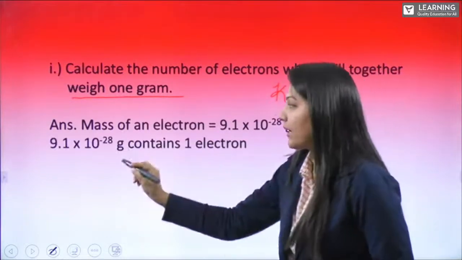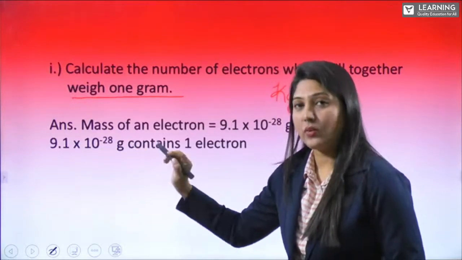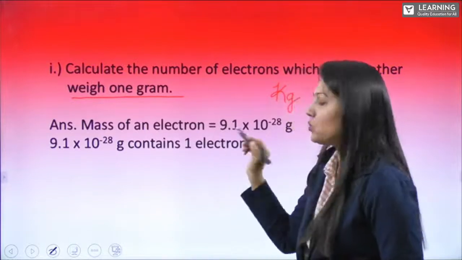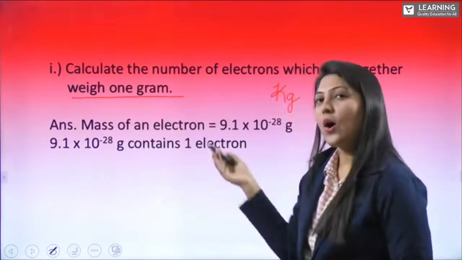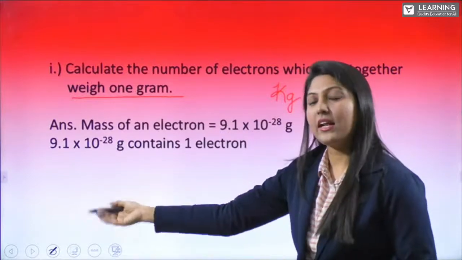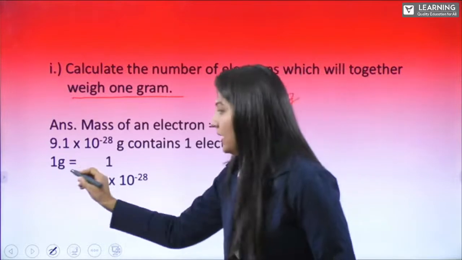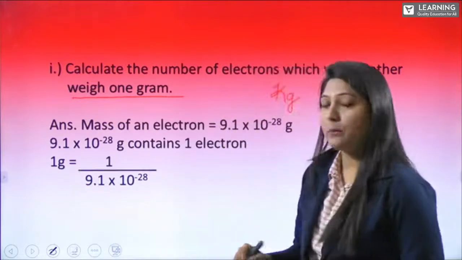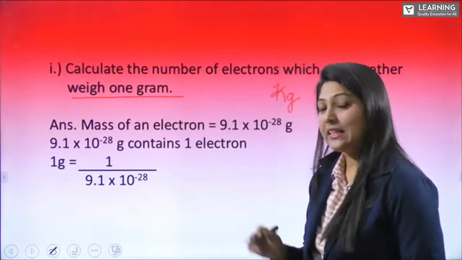Then we know that 9.1 into 10 raised to minus 28 grams contains 1 electron. That means for 1 gram, how many electrons, we can easily find out. So 1 gram is equal to 1 divided by 9.1 into 10 raised to minus 28 grams.